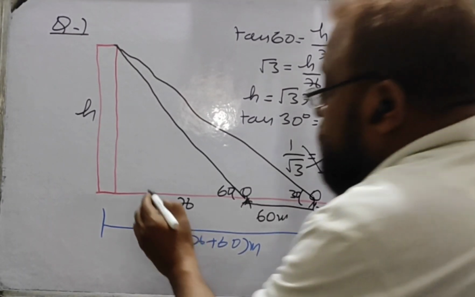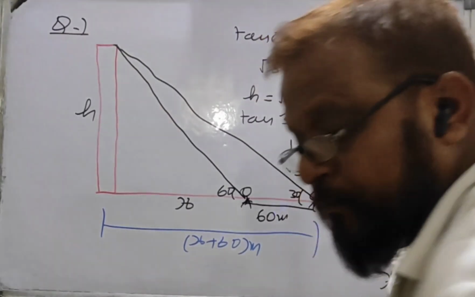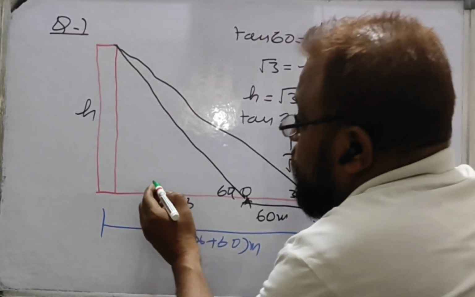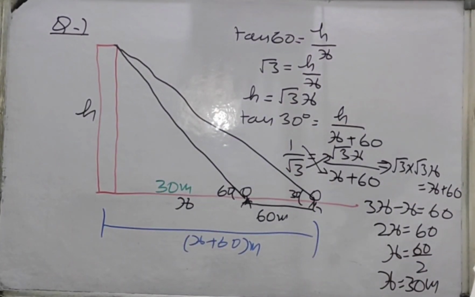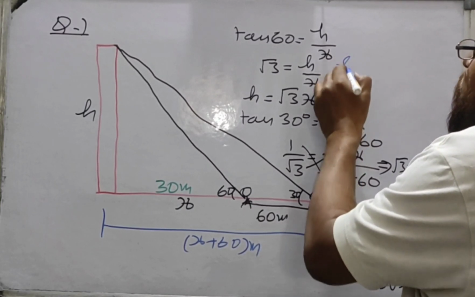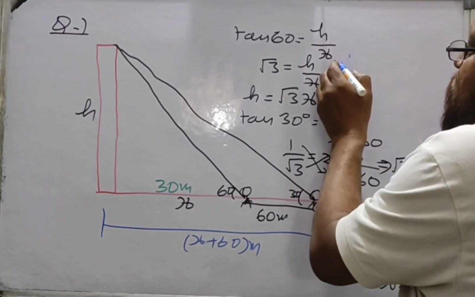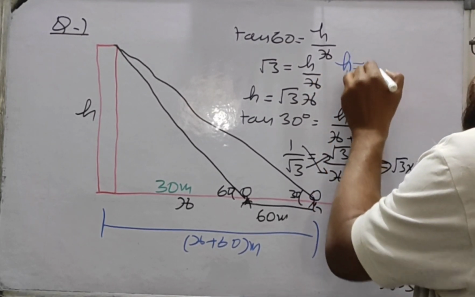So this distance is 30 meters. Now if we have to find the height, h is equal to root 3x.